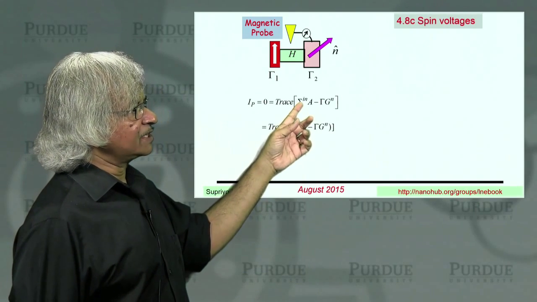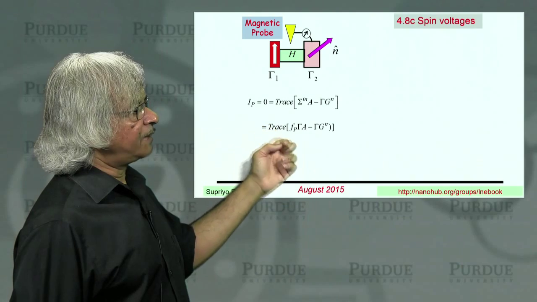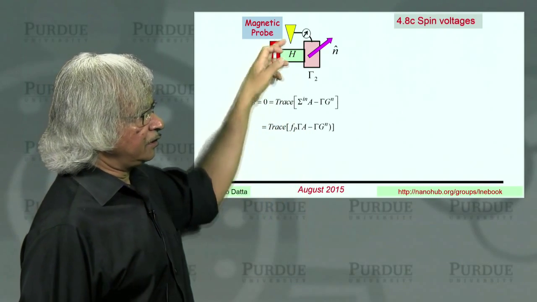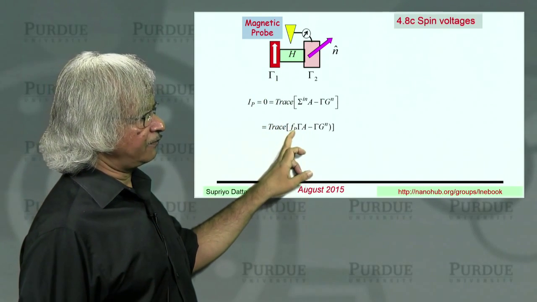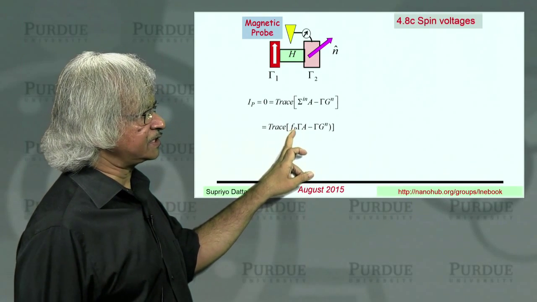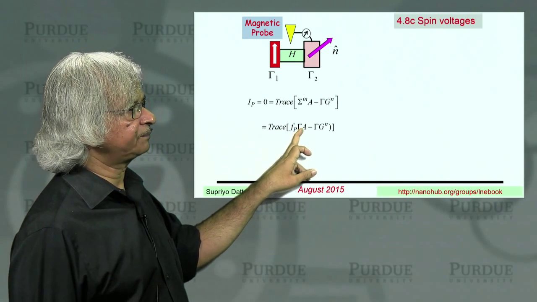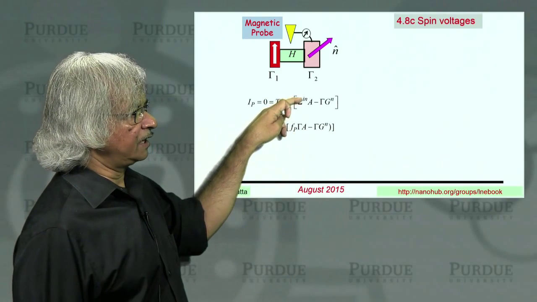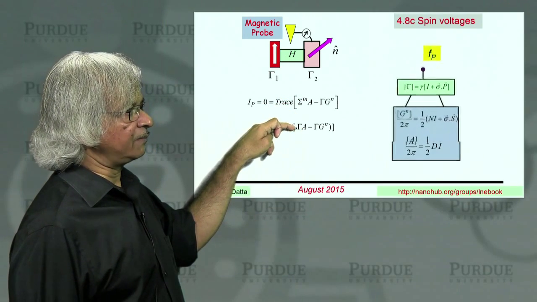So, and what is Sigma in? That's the part that, if this probe has a function f, this occupation function f, then it is Fp times the gamma. Okay? So Sigma in I've replaced with Fp times gamma.